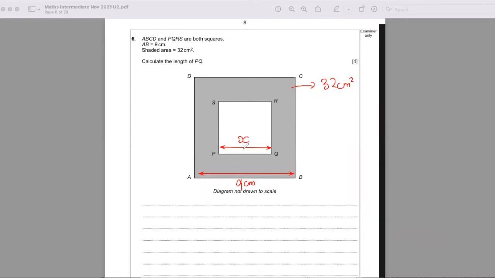With this kind of question, when you have a missing length or a missing angle, just call it X. Most of the time it will be an algebra question to do with geometry and algebra together. So you've got to think about what you can work out first. I can work out the area of the bigger square, ABCD, because I already know one side. So the area of the square is 9 times 9, which is 81 centimeters squared.